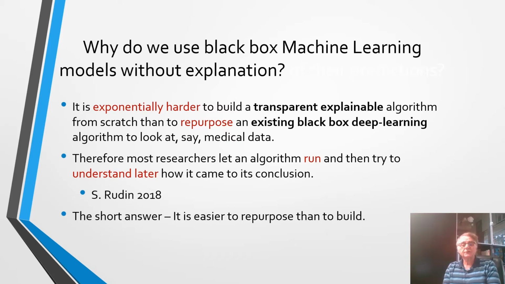She tells us that it's exponentially harder to build a transparent explainable algorithm from scratch than to repurpose existing black box models, for example, for medical data. Therefore, researchers first let the algorithm run and then try to understand later how it came to the conclusion. So the short answer to this question is that it's easier to repurpose than to build.